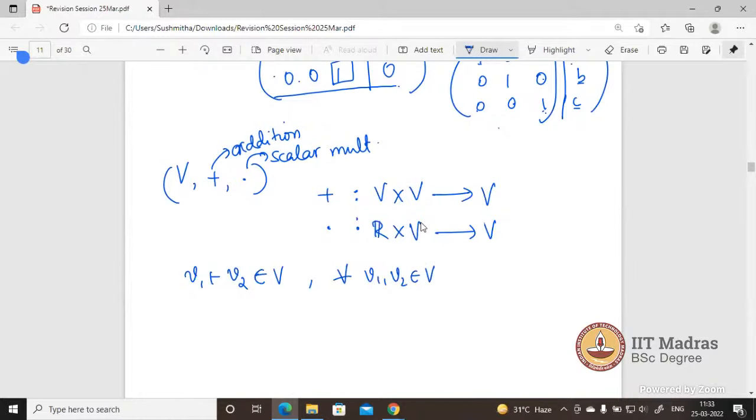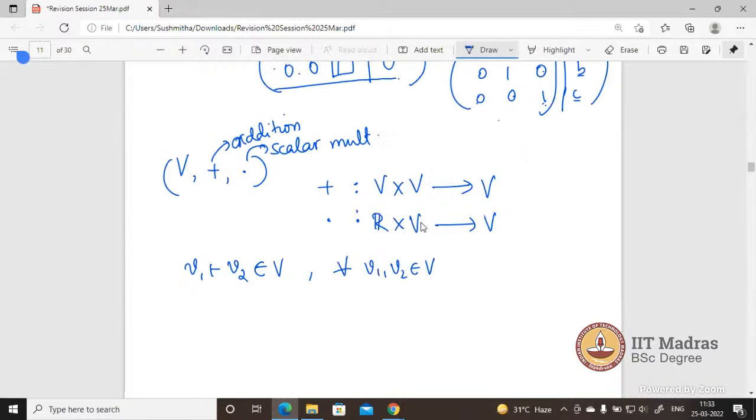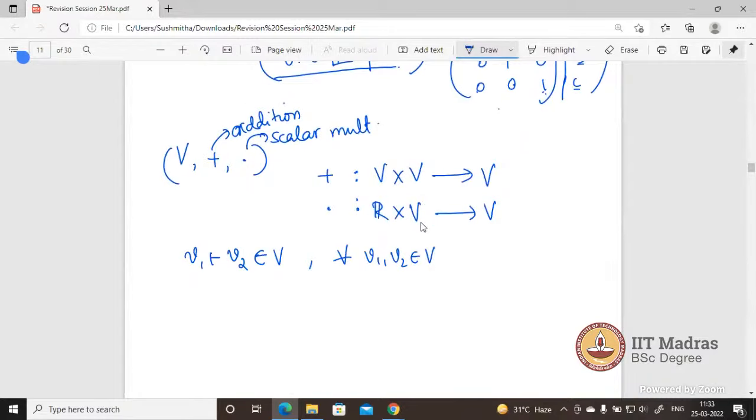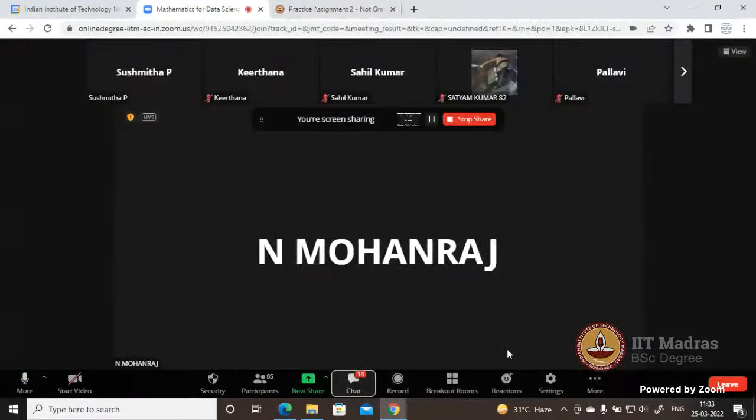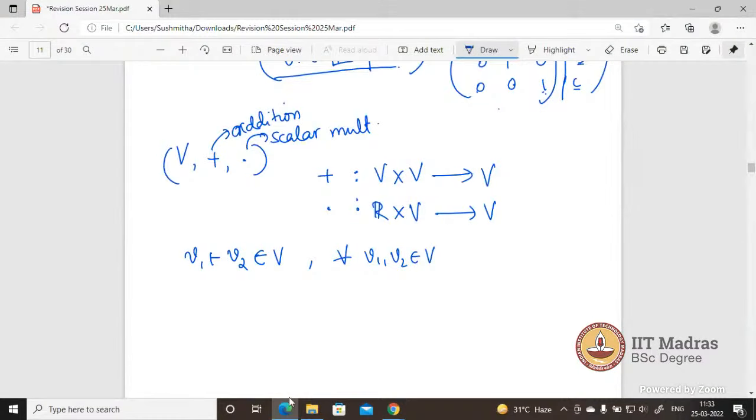So if I have v1 comma v2 in V, then v1 plus v2 should be in V. Can you define again the word closed?